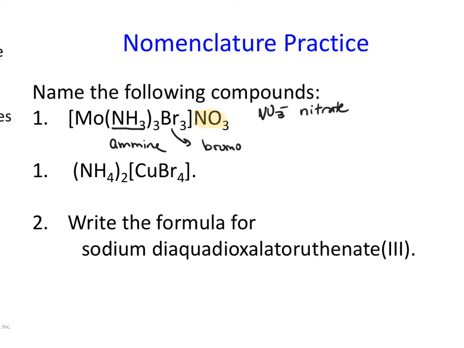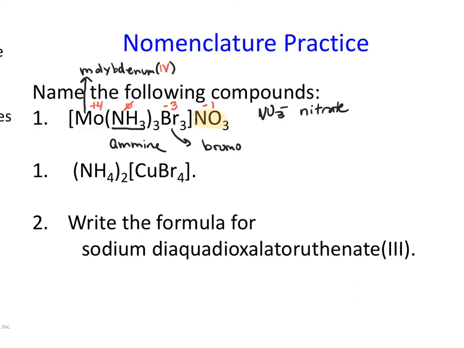And I see the metal center that I have, Mo, is molybdenum. And we need to figure out the charge. So for the charge, I know I've got 1 counter ion nitrate minus 1. I have 3 bromos for a total of minus 3. Amine is neutral, so molybdenum must be plus 4, which is IV in Roman numerals.